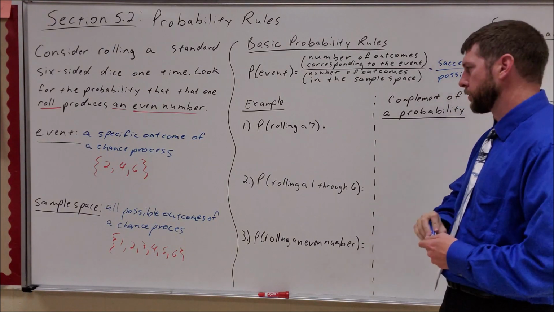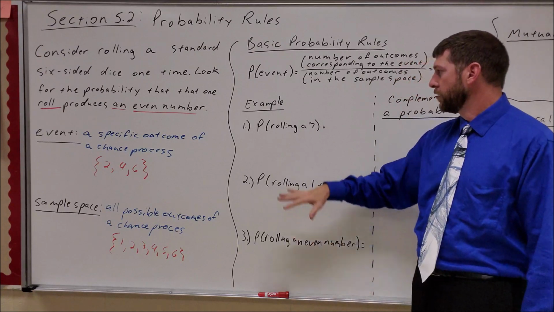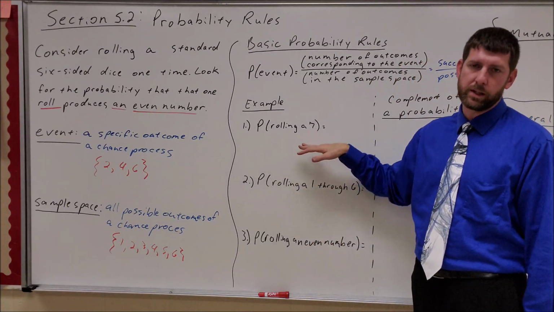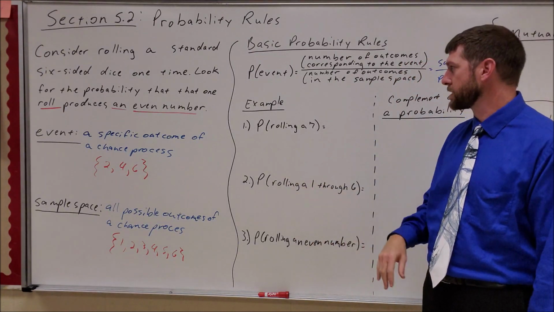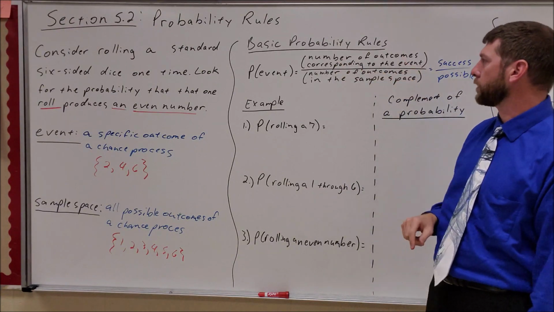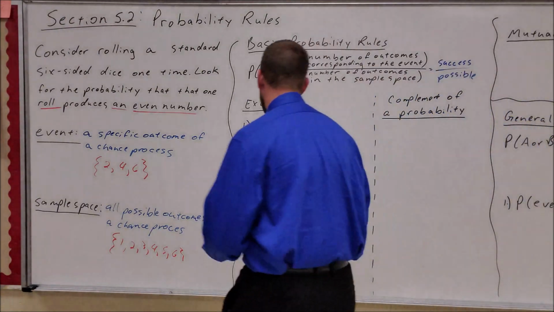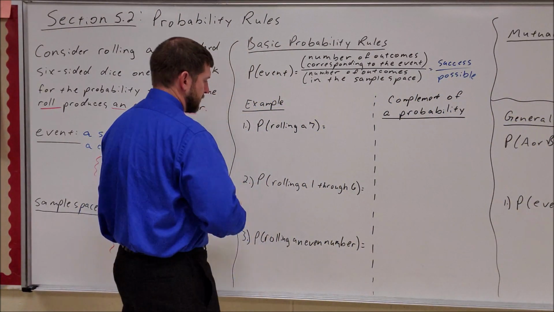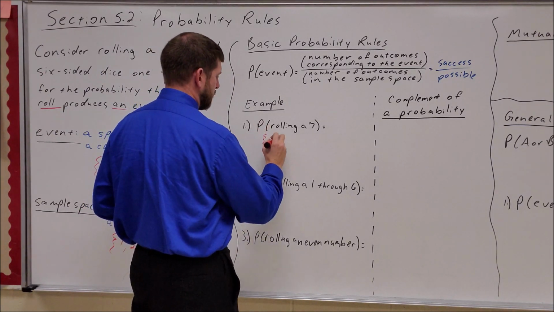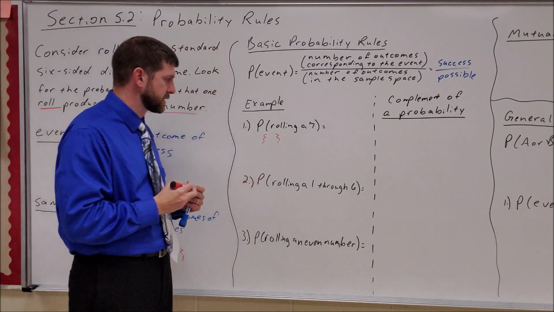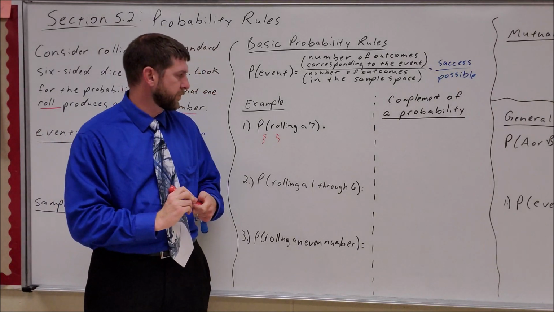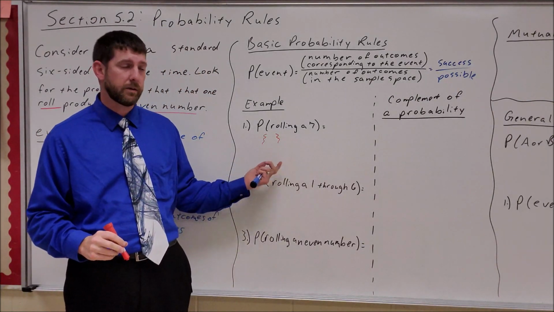So using that, let's go through a couple of probabilities. First one we've got here, probability of rolling a 7. So if I do my outcomes corresponding to the event, what are all the different ways I can roll a 7 on a regular six-sided dice? Well, I can't roll it any way.